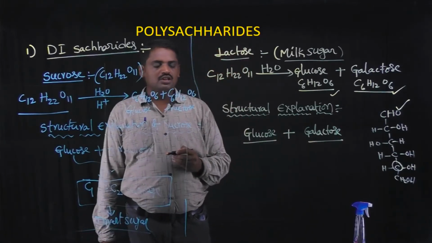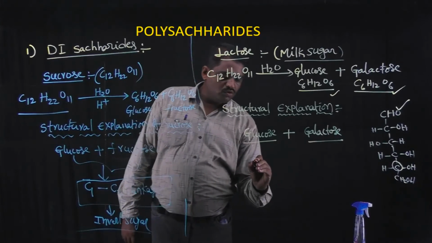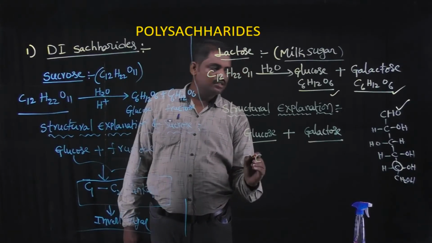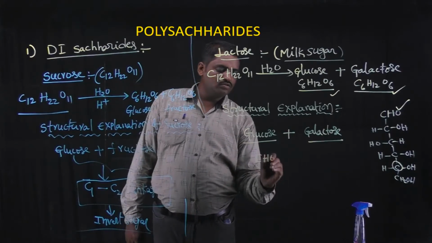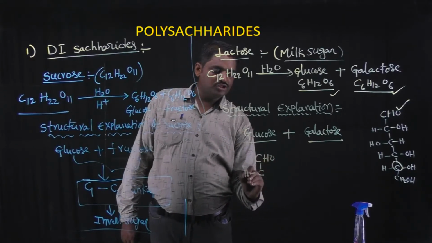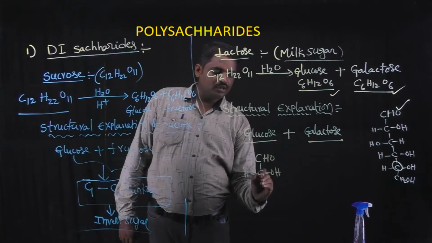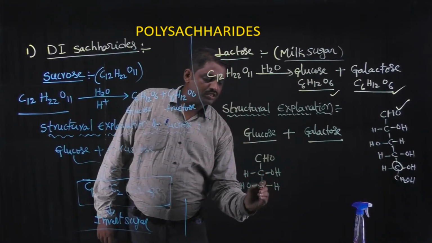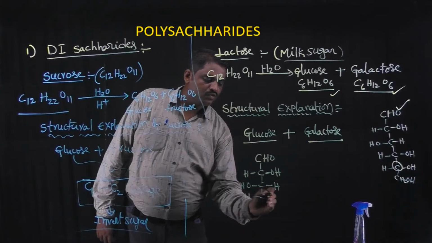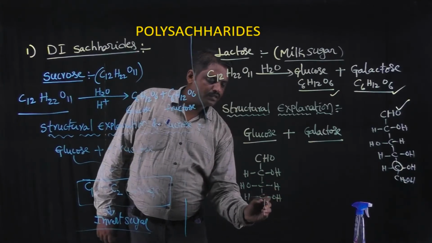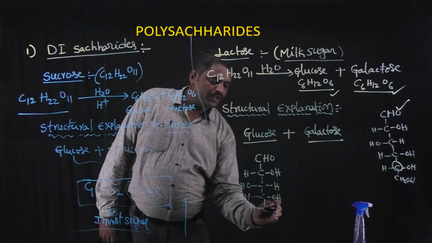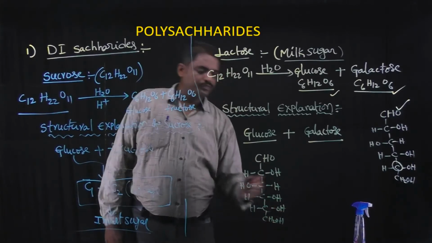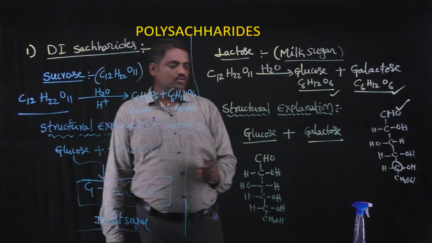And next, the glucose and galactose structures are joined. So the glucose, C1 carbon, means CHO, CHOH, COH, H, CHOH, CHOH and CH2OH. This is the structure for glucose.